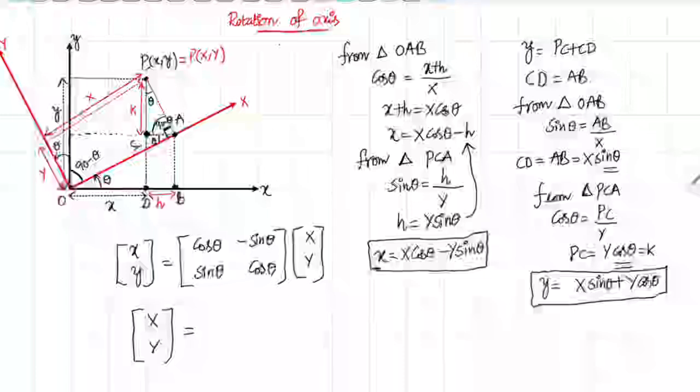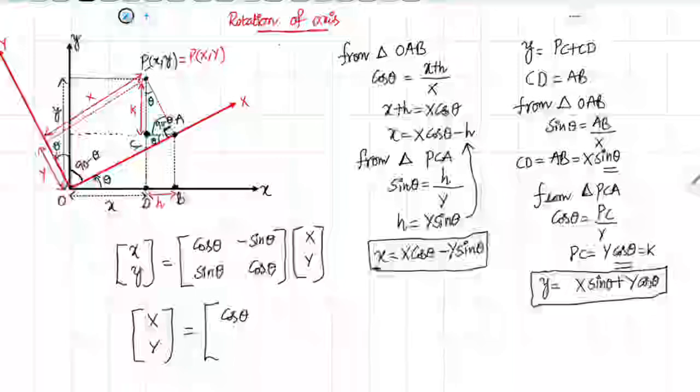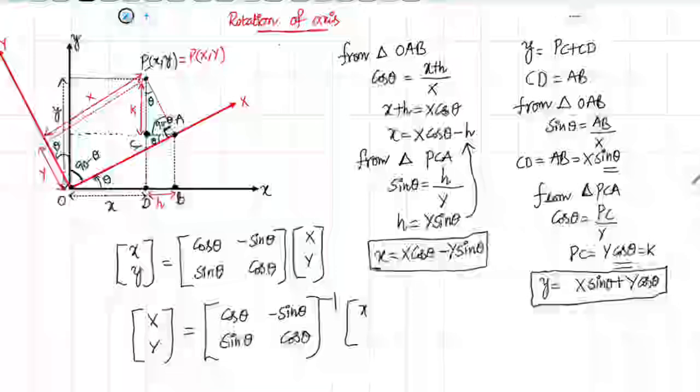Therefore, I am just taking the inverse of the matrix cos theta, minus sin theta, sin theta, cos theta, multiplied with small x and small y. Okay, so let me do the remaining calculation in the next page.